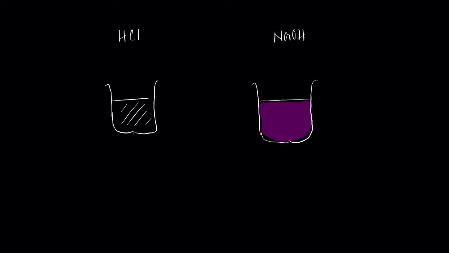All right. Now these indicators are very useful to us because we can do titrations with them. Now titrations, before I start, let's take a look at the same beaker we had. It's filled with hydrochloric acid.